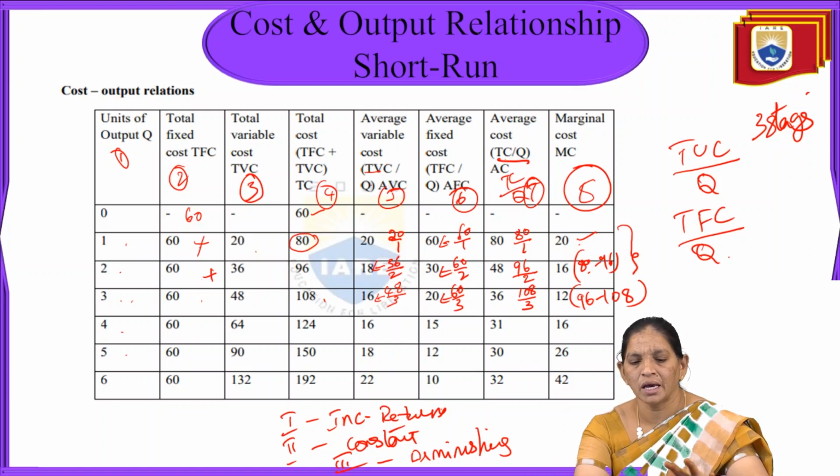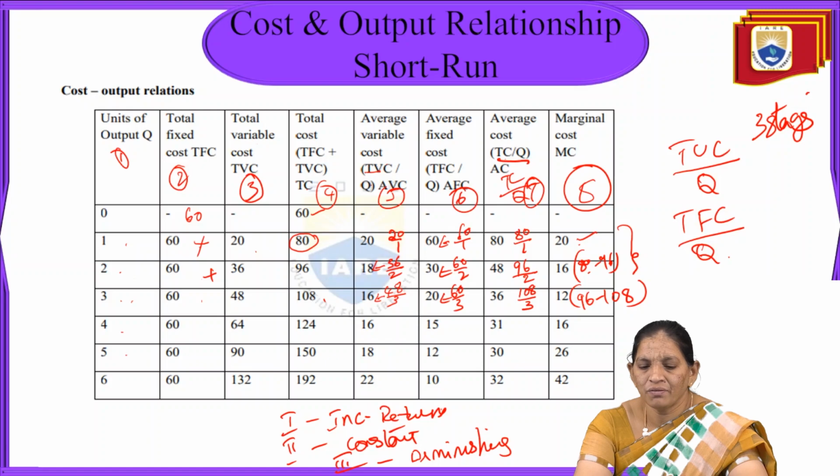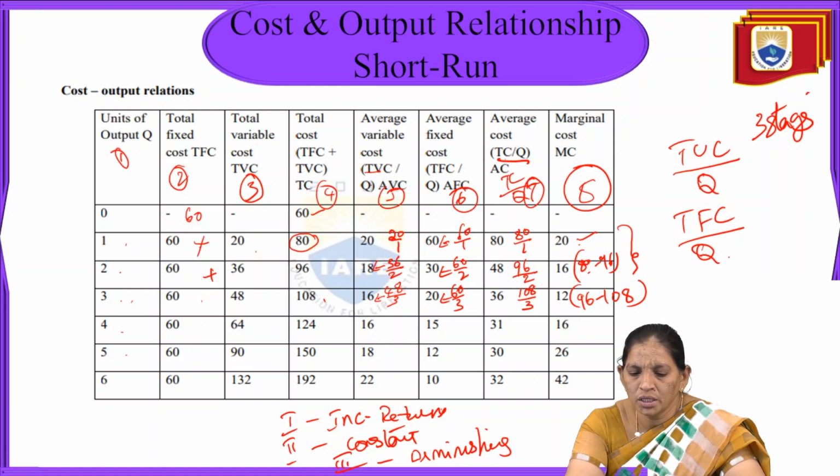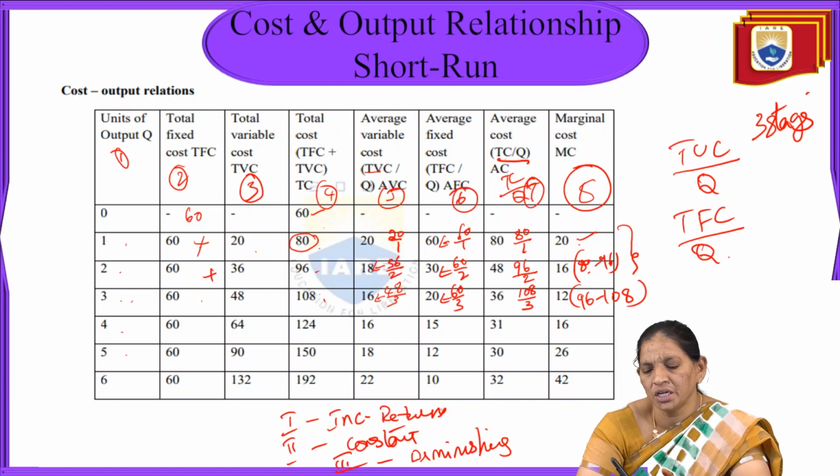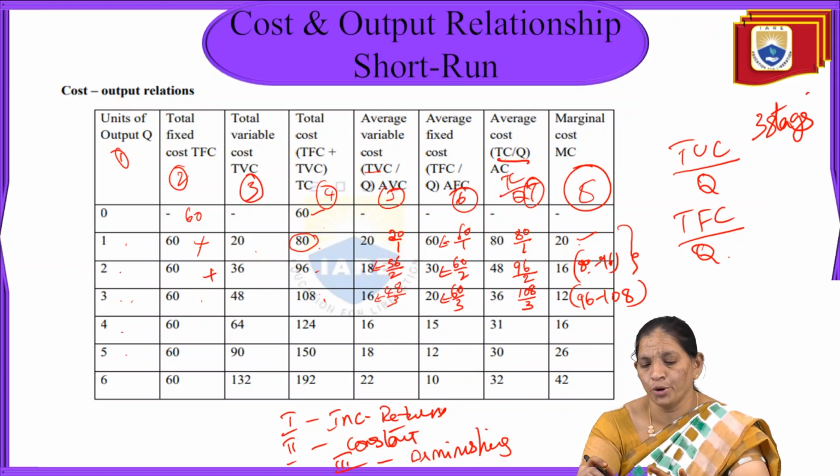We can see total production going from 60 units to 80 units, 80 units to 96 units, 96 to 108 and so on. It was going on increasing the production.